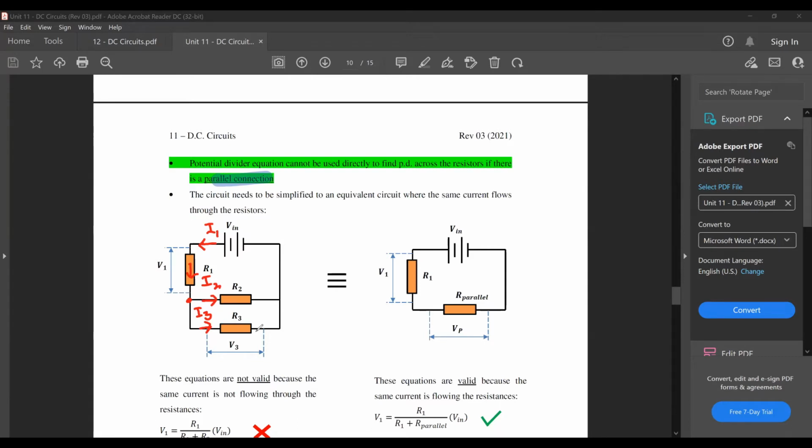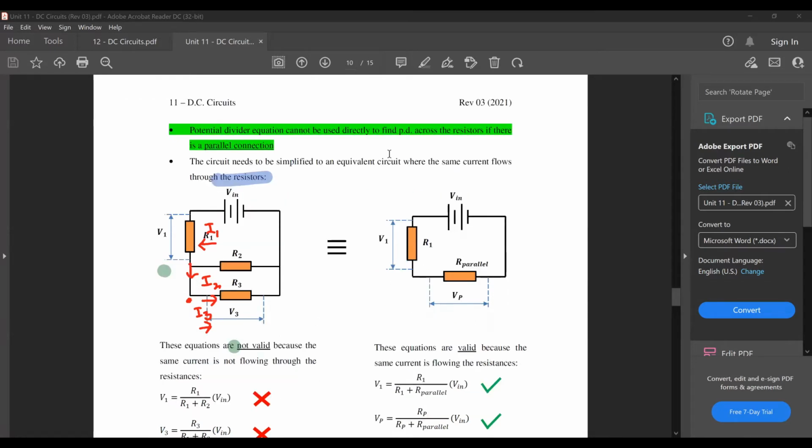So when it comes to finding the PD across those resistors, it's not as straightforward as saying V1 will be equals to R1 over R1 plus R2, okay, times V in. Neither can you say that V3 is going to be R3 over R1 plus R3 times V in. This one you cannot do so, okay?